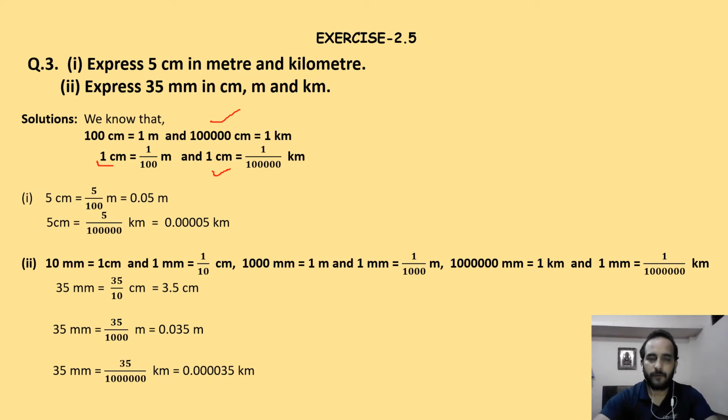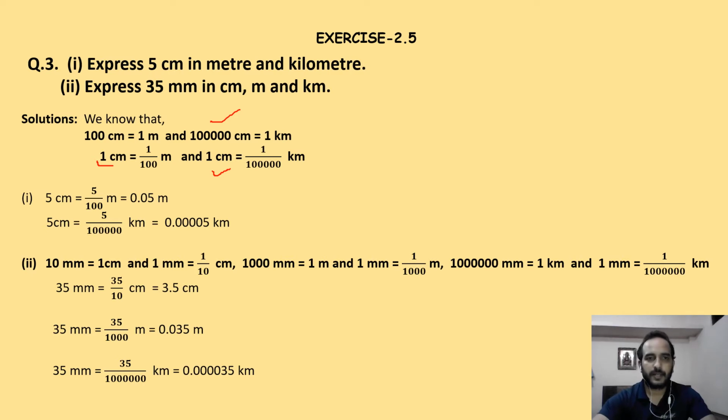For one unit we already know the relation; for many we simply need to multiply. So 5 times 1 upon 100 is 5 upon 100 meter, and converting it into decimal form, it is 0.05 meter. Similarly, to convert 5 centimeter into kilometer, you multiply 5 with 1 upon 1 lakh kilometer.